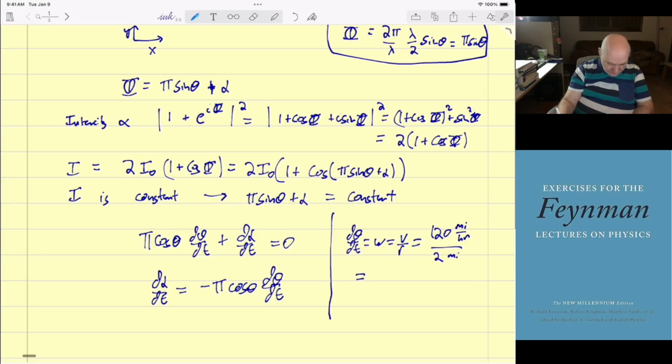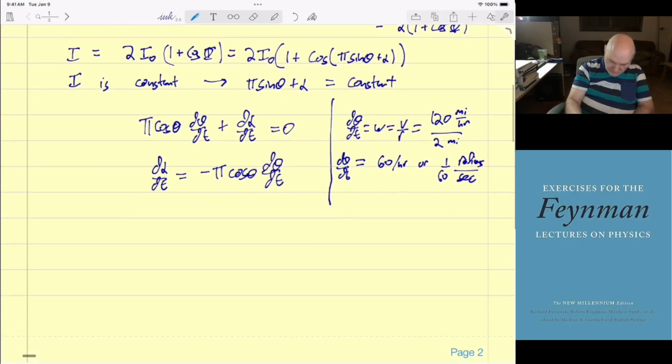So this is equal to 60 per hour, or let's turn that into legitimate units, 1 over 60 radians per second. So that's what d theta dt is equal to.